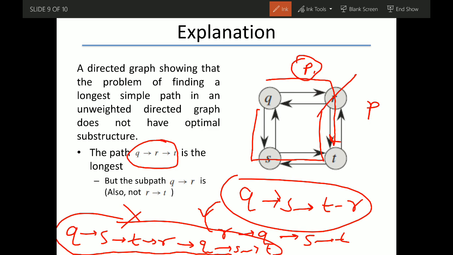Hence, the subpaths do not have the optimal substructure. So therefore, this problem does not exhibit the optimal substructure, unlike the problem of finding the unweighted shortest path.